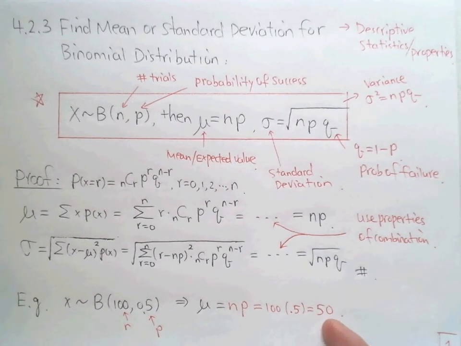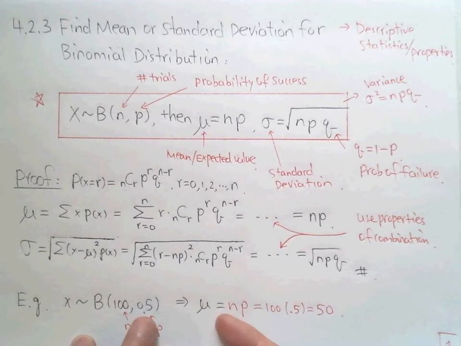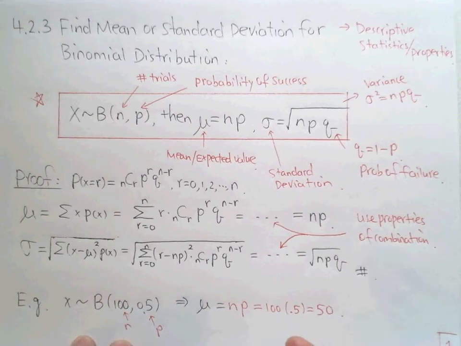Yes. You can imagine you play 100 times. Each time you win half of the time, so of course over 100 times you win 50 times. This is what's expected. If you draw the distribution, this is the middle, the center.